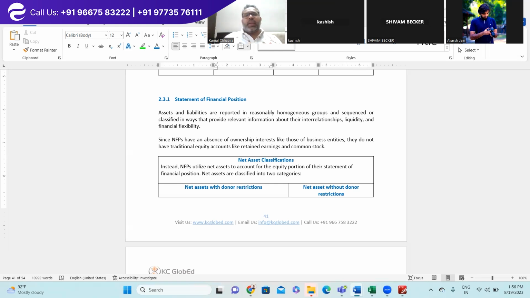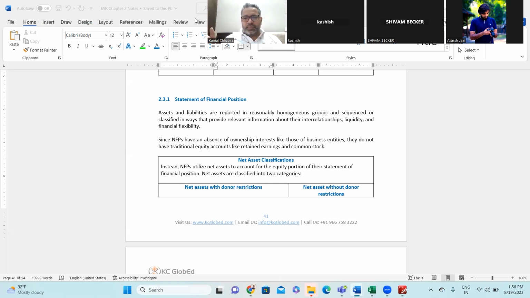Now coming to the other side, which is net asset without a donor restriction. For example, you go to a temple, gurdwara, or church. There is a dan peti, a donation box. You deposit, let's say, $1, $5, $10, $50, $100, whatever is your will or capacity.